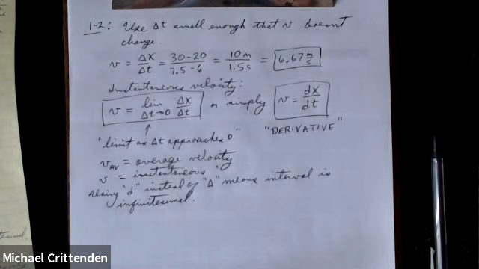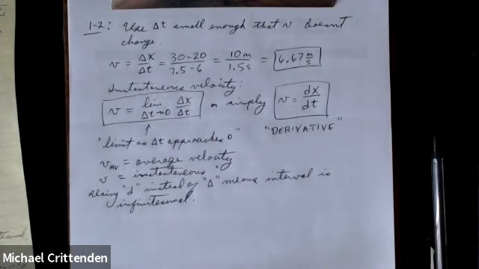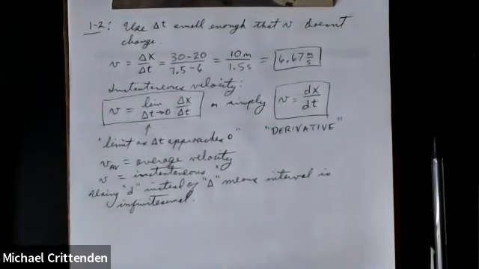And as they approach zero, what value does this ratio approach? So that's the notation.